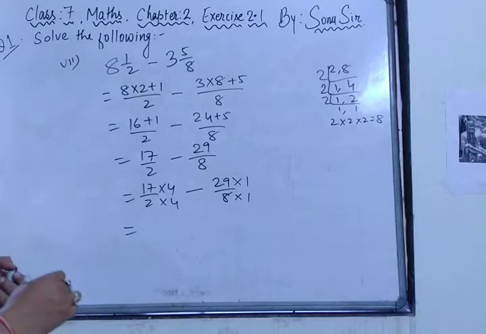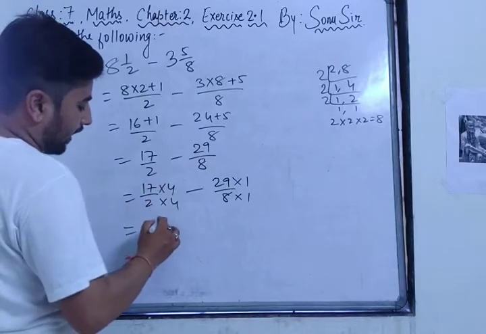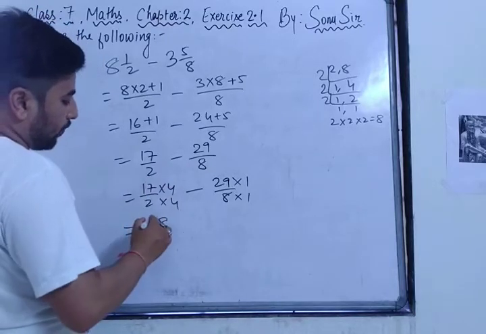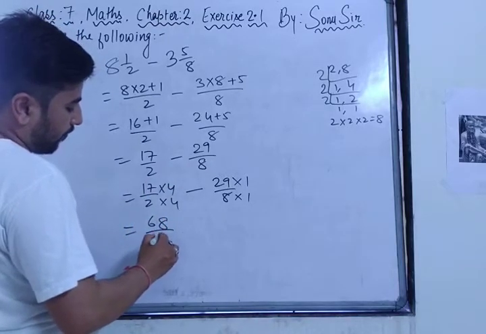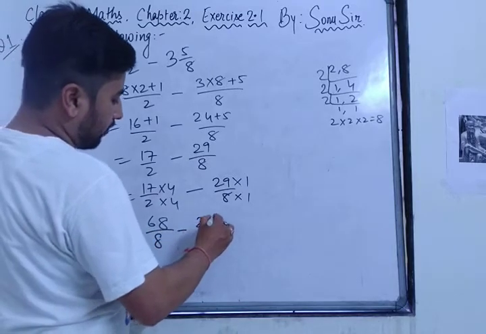You don't know? 17 table, can you tell me? What will be the value of 17 into 4? 68. See, 7 fours are 28, 2, 4 ones are 4 plus 2, 6. So here 4 twos are 8 minus 29 by 8.